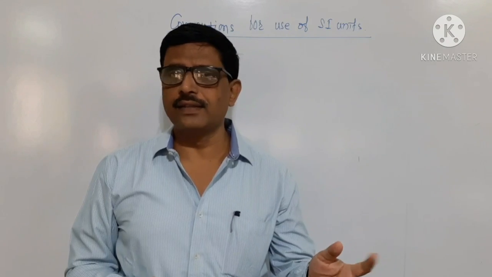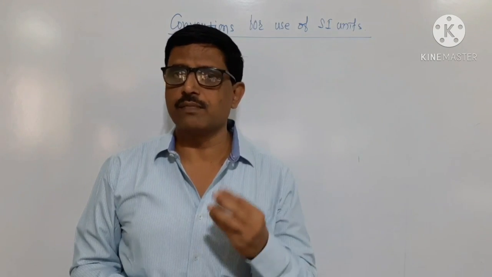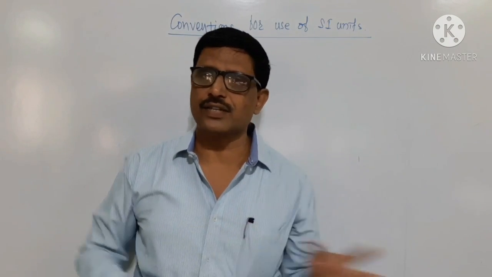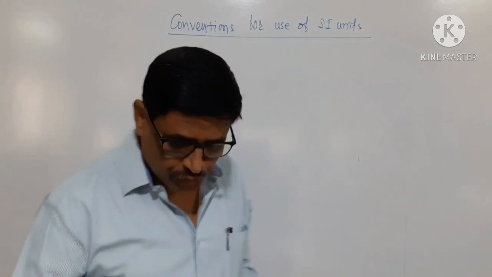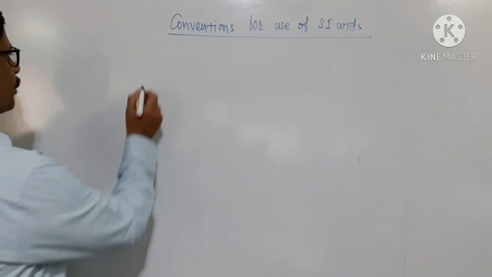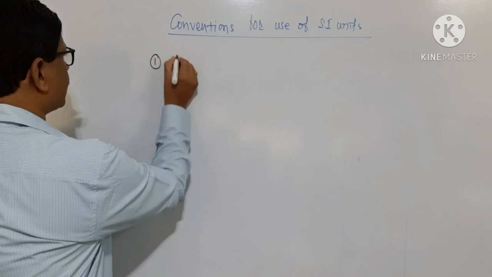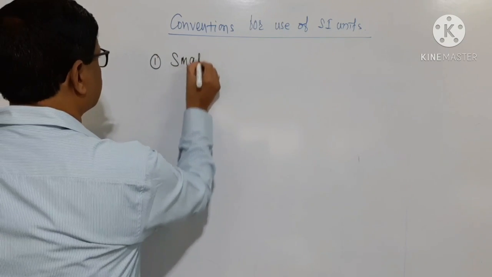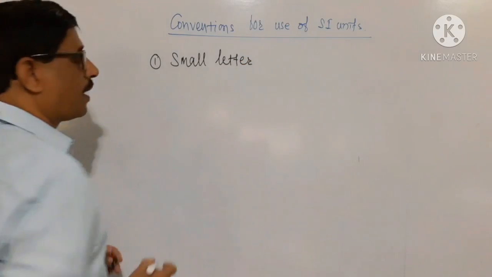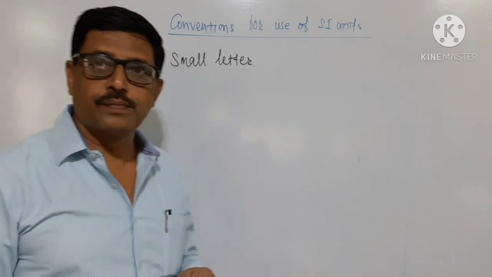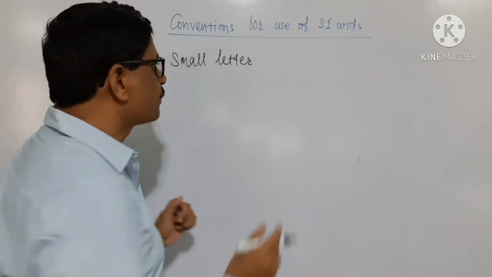While writing the units, you have to make use of some conventions, and that we will discuss one by one. The first convention is that the unit should always be written with a small letter.